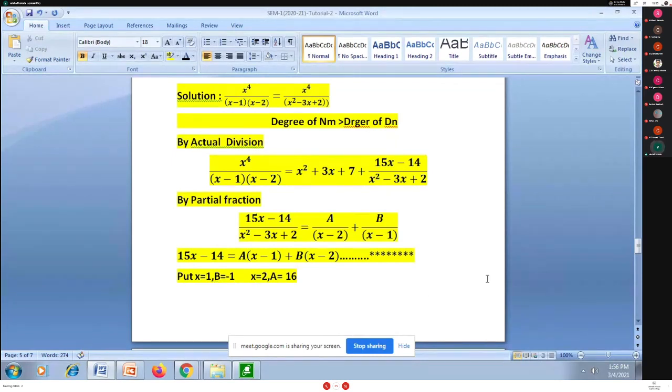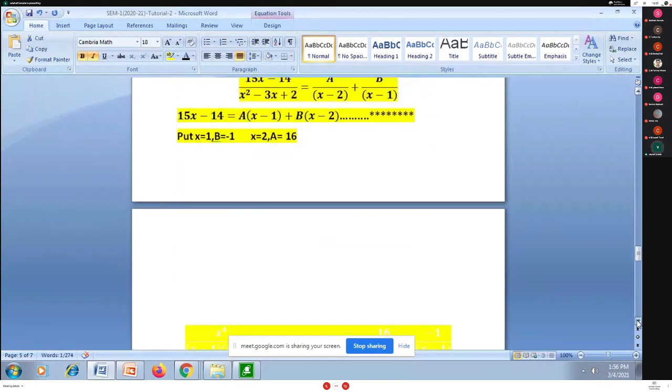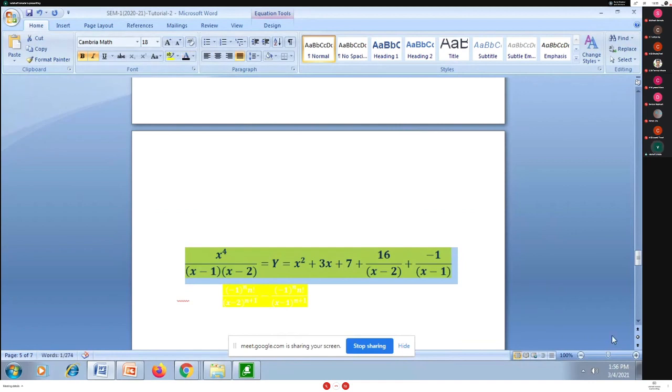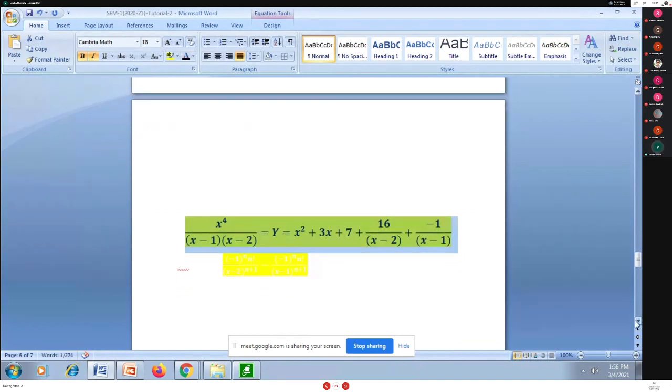So as I have the values of A and B, we substitute them here in this second term and write the value for y. Y is equal to this quadratic polynomial x square plus 3x plus 7, plus A means 16 upon x minus 2, plus B, minus 1 upon x minus 1, and just take the nth derivative for both sides.